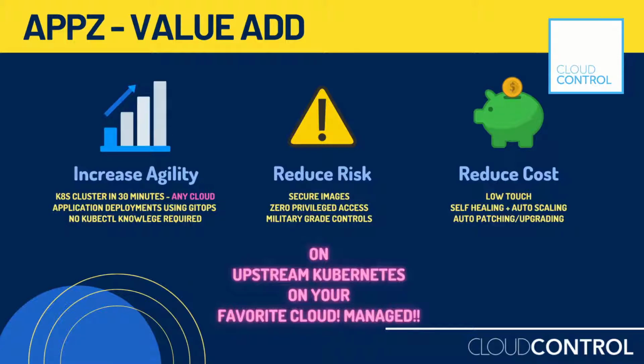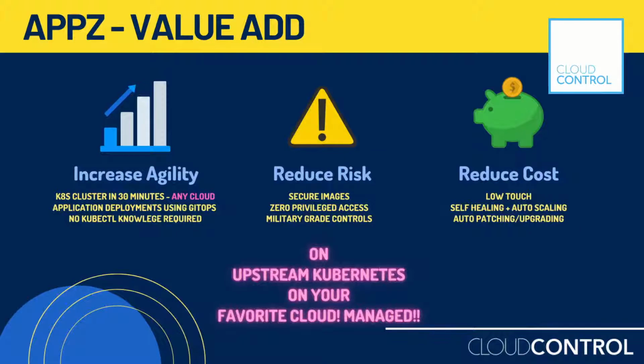That's correct. So far we have been discussing the platform, so how you get a usable interface on top of any cloud. In this case, we are doing a demo on AWS cloud. For application deployment, what we have is called AppZ stacks. Stacks are curated images, the underlying base components on which applications can be layered, to go live in minutes.